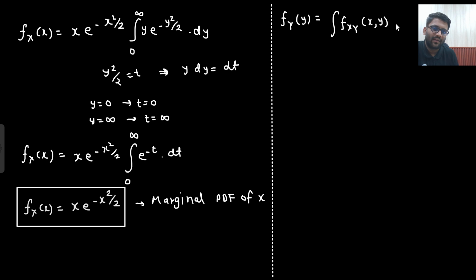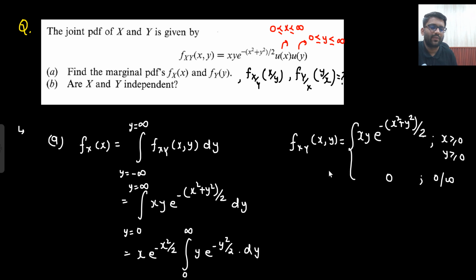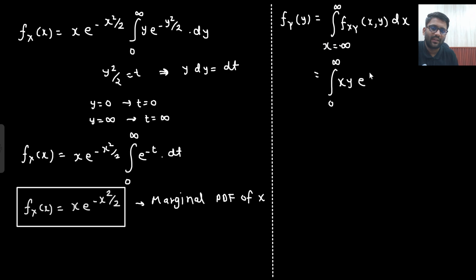The integral of f(x,y) dx. x goes from minus infinity to infinity, but you know that x is actually going from 0 to infinity only. What is the expression of f(x,y)? That is xy e to the power minus (x square plus y square) divided by 2 dx. I need to put the limit of x, right?